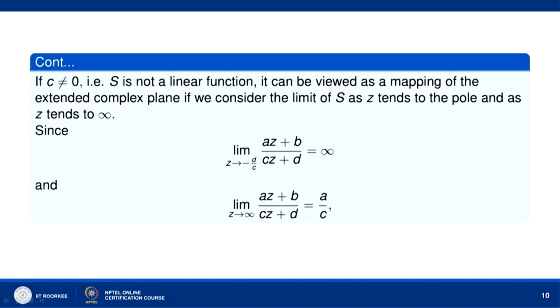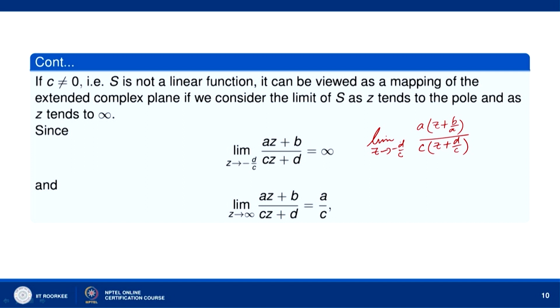So, when z tends to −d/c, what we noticed was, you see, it is the limit as z tends to −d/c of (az + b) divided by (cz + d). So, we can write a times (z + b/a) divided by c times (z + d/c).